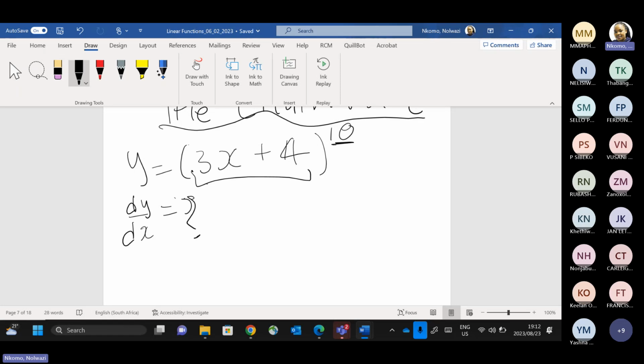I'll let the inner function be u. The inner function is u, and u is equal to the inside part, which is 3x + 4, right? If u is the inner function, I'm going to let the outer function be v.